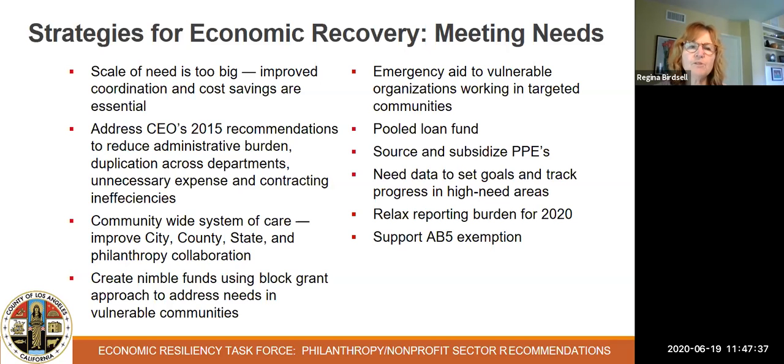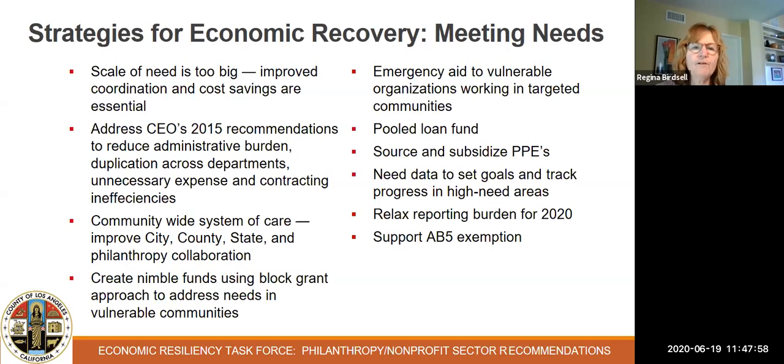So we felt it was important to recognize that we're in a big, complicated county, and that between what the city, county, and state are trying to accomplish, as well as where philanthropy is investing time and money, there were some inefficiencies for all of us.